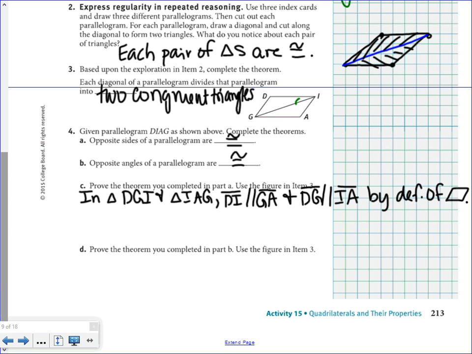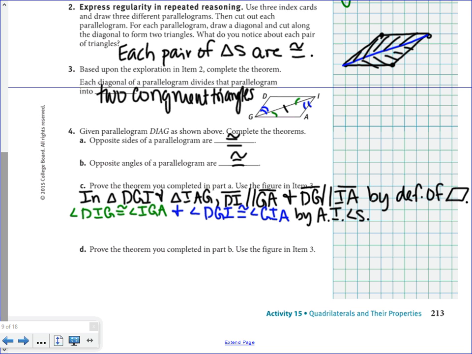I know that this angle is congruent to that angle, and I know this angle is congruent to this angle. And the reason is because of alternate interior angles. So I can say angle DIG is congruent to angle IGA, and angle DGI is congruent to angle GIA, and the reasoning is by alternate interior angles.